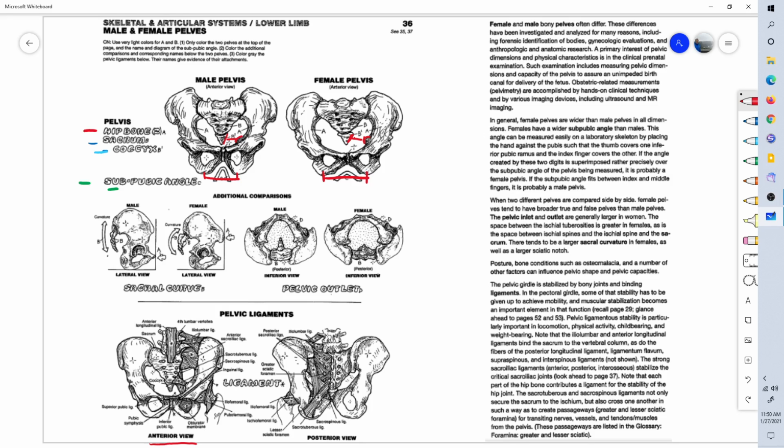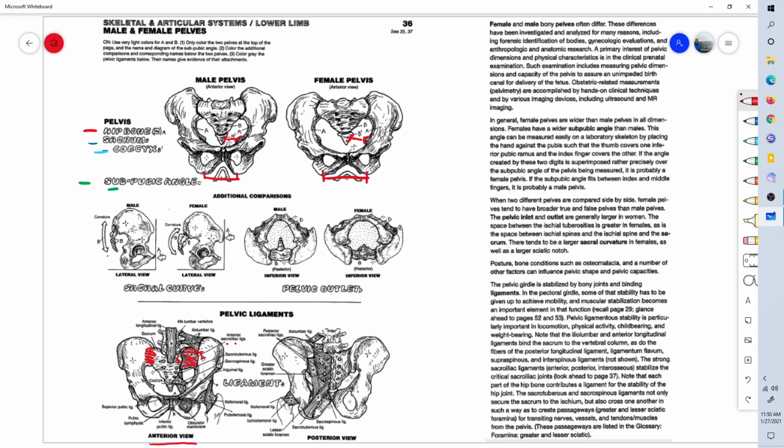And we have the anterior sacroiliac ligament. Why is it called anterior? Well, it's on the front. And number two, it's called the sacroiliac ligament because it goes from the sacrum to the ilium. The anterior sacroiliac ligament. So it would be here on this side.